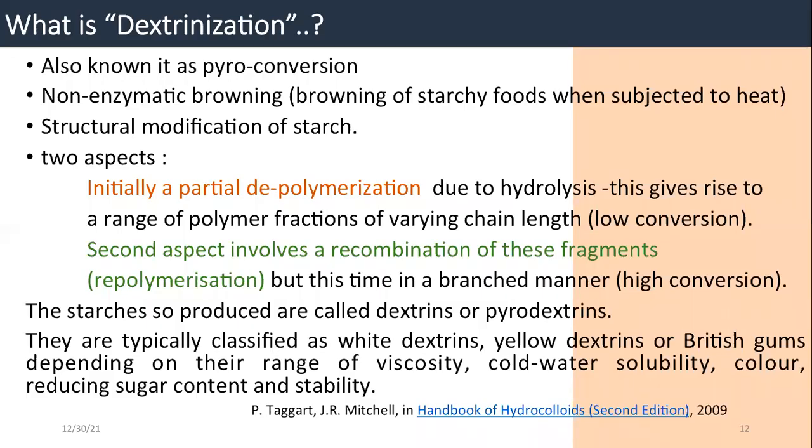Then dextrinization, you can read what is dextrinization. Dextrinization means a type of browning, and we call it non-enzymatic browning. There are two steps in dextrinization. Initially, the polymers will denature. The polymers may change. We call it low conversion.